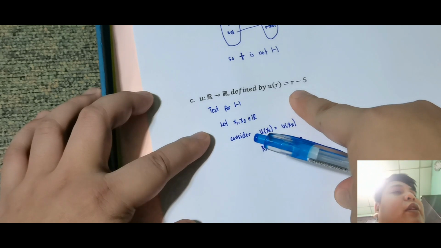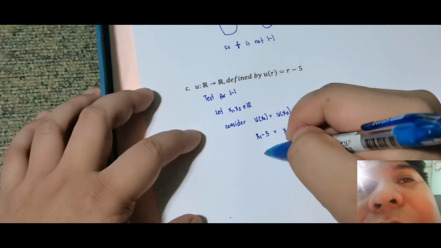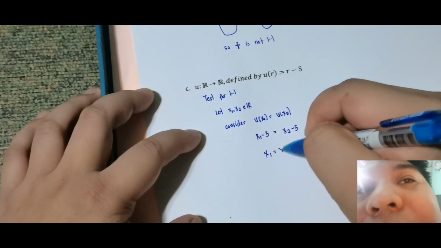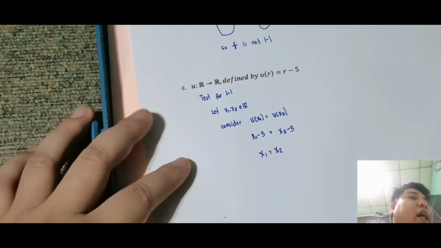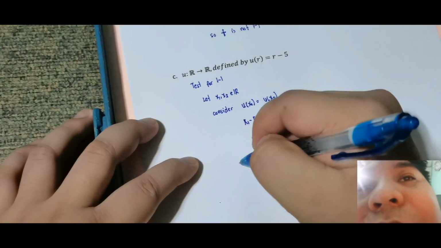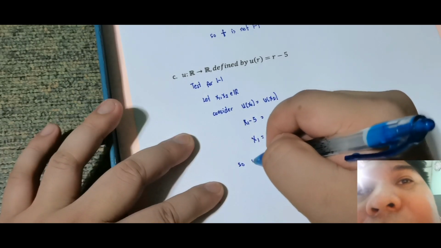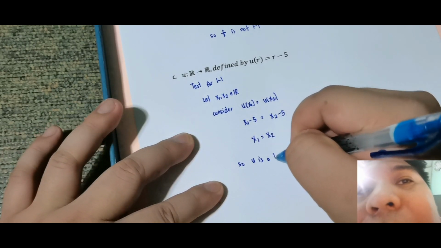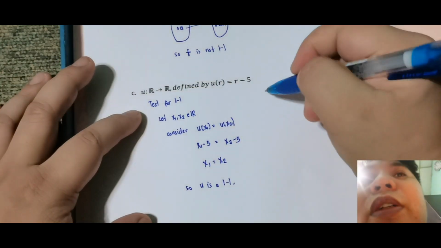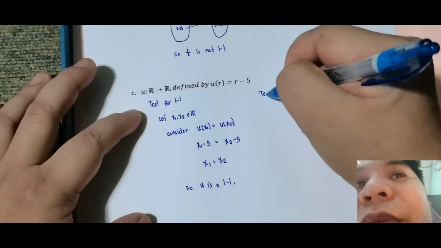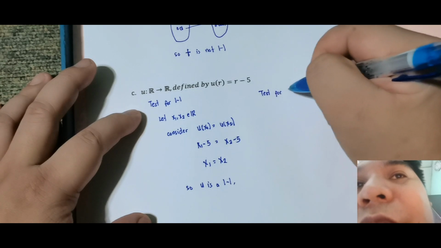Next, this is equal sa x sub 1 is equal to x sub 2. Bakit? Pag nag-add ka both sides, makaka-cancel yan eh. Okay, so u is a 1 to 1 function. So payag ako doon. Next is test for onto.